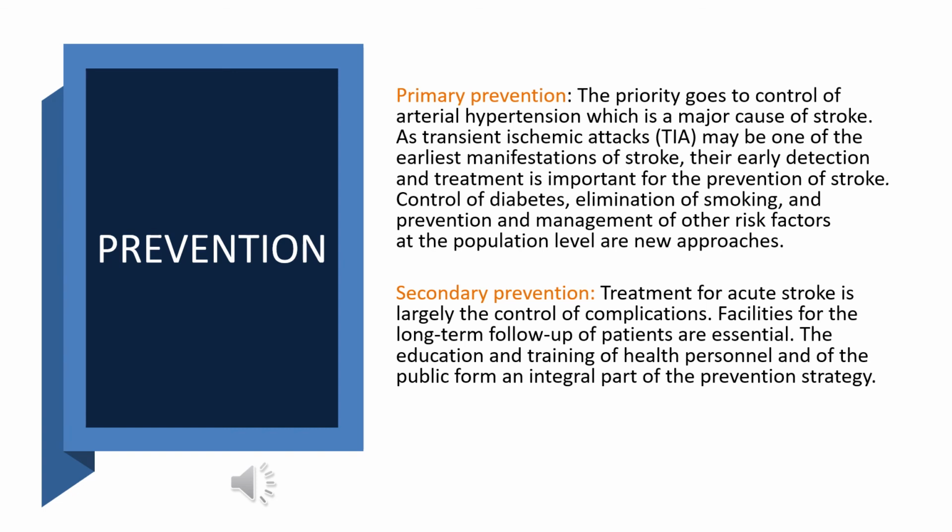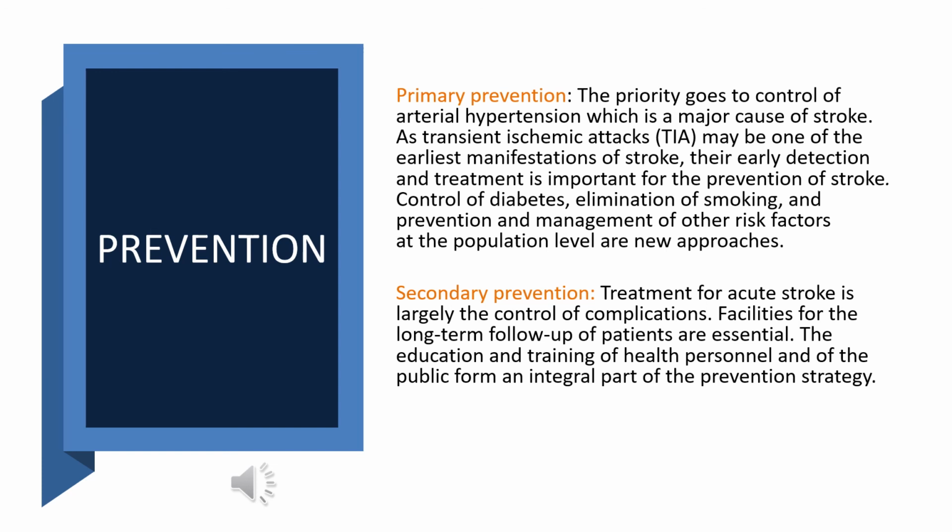The priority should be to control arterial hypertension. If you can control hypertension, that will result in control or prevention of a stroke as well. Then the transient ischemic attacks are one of the earliest manifestations of stroke. If you can detect TIAs early, then you can focus on the person promptly and treat him or her for prevention of the stroke.